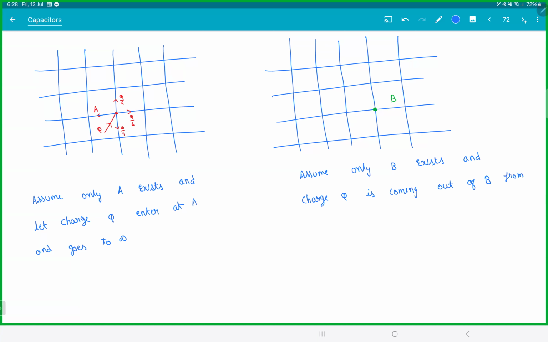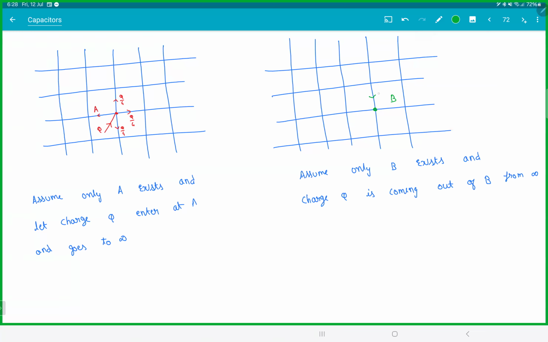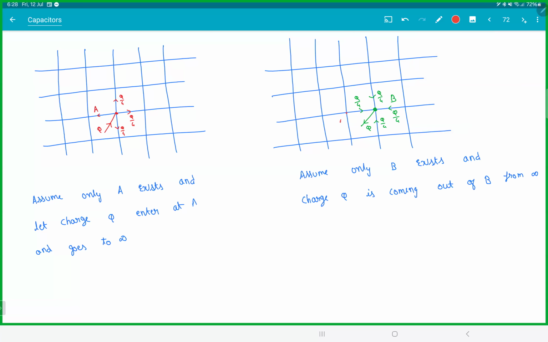The charge distribution doesn't care whether you send through A, then B, and then add them, or do A and B at the same time. So B will think the charge Q is coming from outside. So Q by 4, Q by 4, Q by 4, and Q by 4. So the main idea is this.